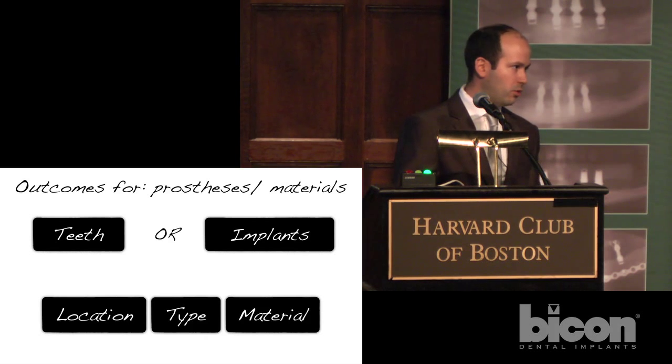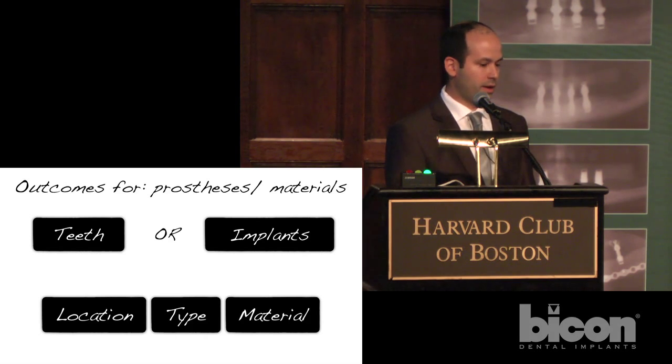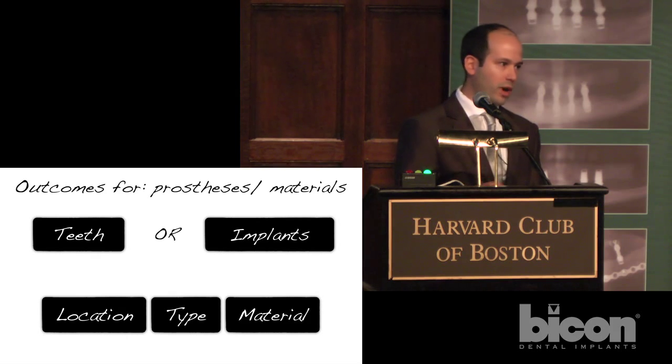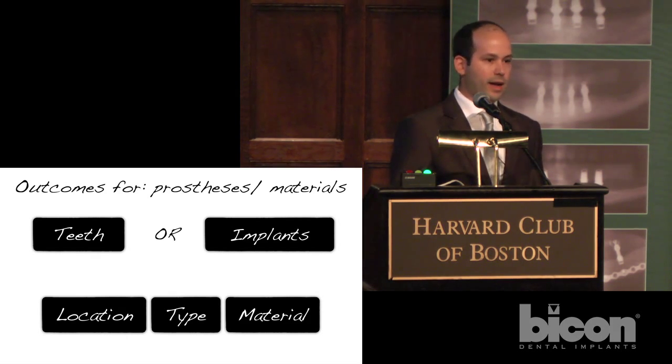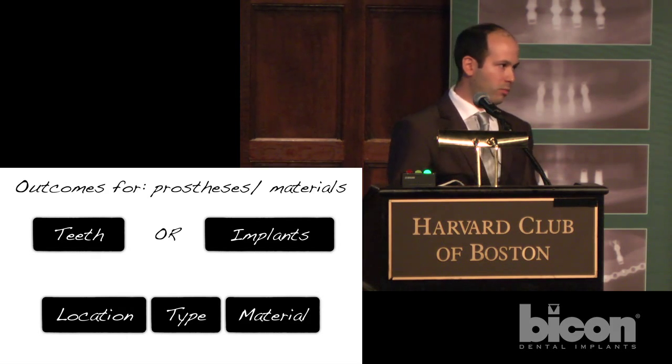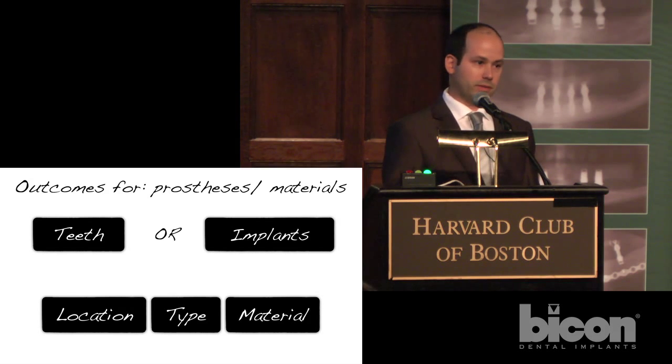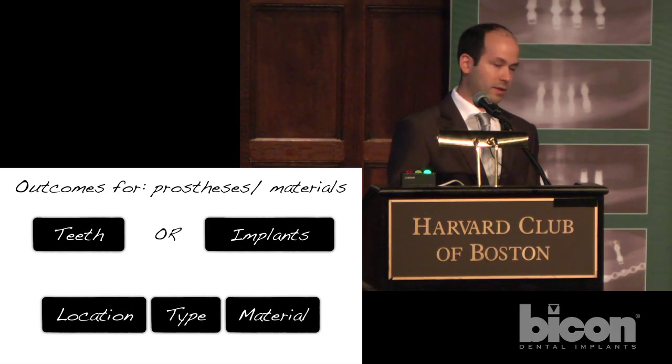Is it an anterior or is it a posterior prosthesis? And what type is it? Is it a crown? Is it a fixed partial denture? Or is it a full arch? And lastly, and extremely important, as we shall see today, the material used to fabricate the prosthesis. And this is especially important in the all-ceramic world.